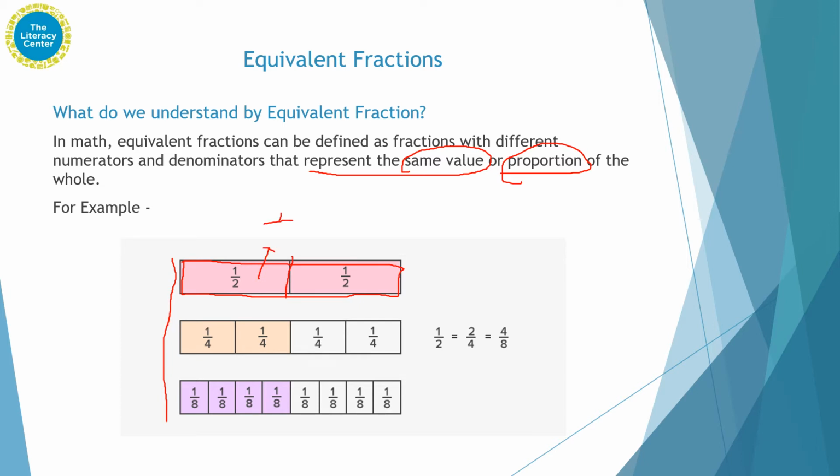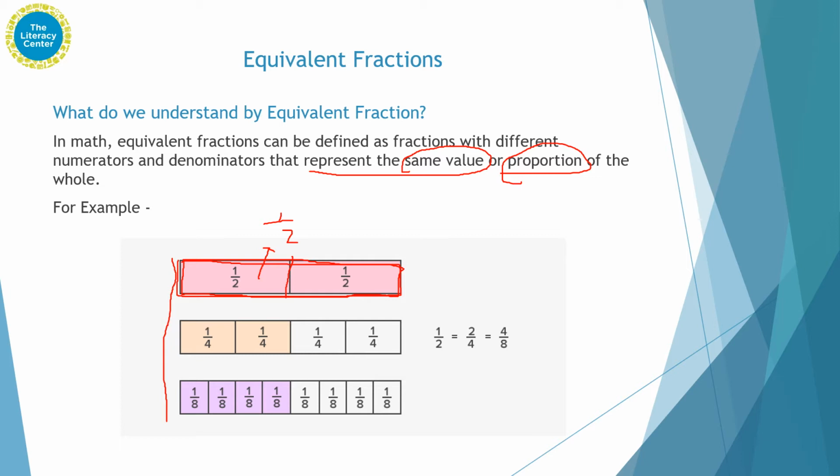This is 1 by 2. Another half part is again 1 by 2. So here you can see this whole rectangular bar can be represented in fraction form. This half part can be represented by 1 by 2.